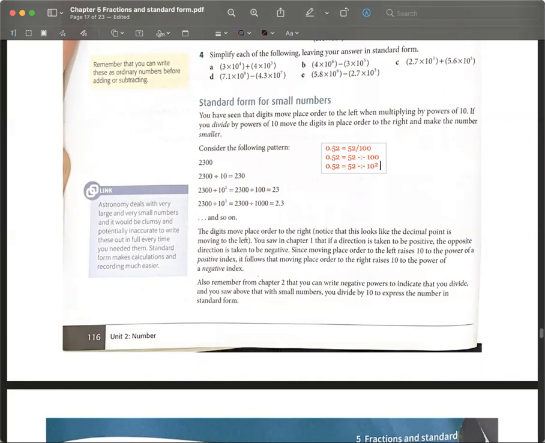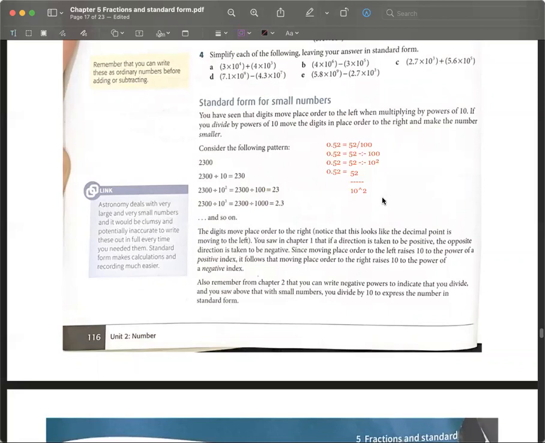If you follow the law of indices, if you write things like this, 0.52 is equal to 52 over 10 to the power of 2, the same thing as this one here, which is a division. If it's at the bottom here, we can actually move it to the top.